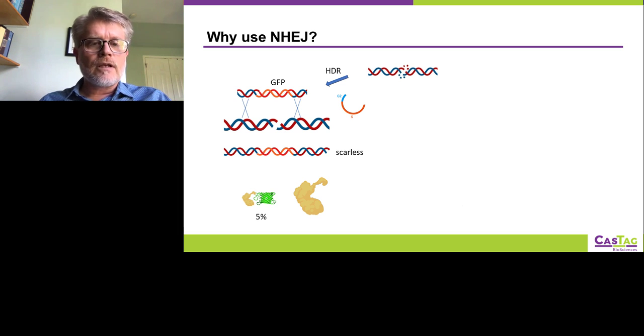HDR also only occurs in dividing cells, and that's because it's operational in two phases of the cell cycle, both the S phase as well as G2. And so if you'd like to use knock-in technology in primary non-dividing cells or directly in tissue, this just simply won't work. The end result, however, is that you can get scarless integration.